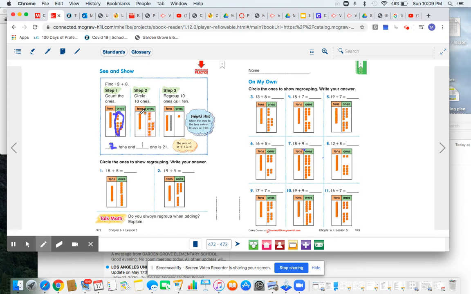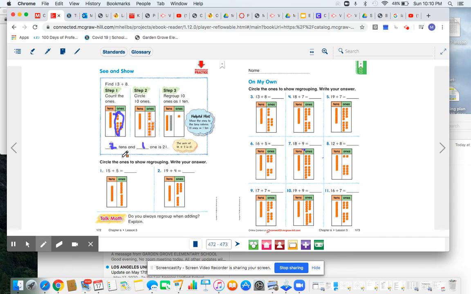Now let's go here. We circled them already, so trace this. And you're going to see how many, once you circle them, you're going to regroup them and put them on the tens place. And you're going to go ahead and trace the 1 because there's only 1 left on the tens place.